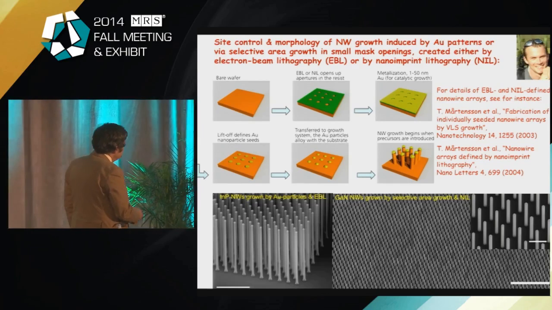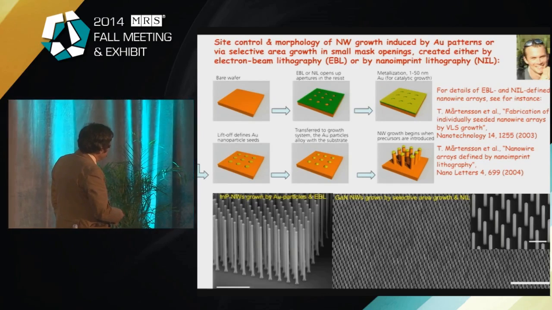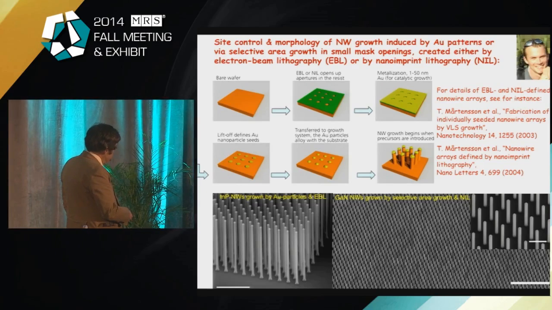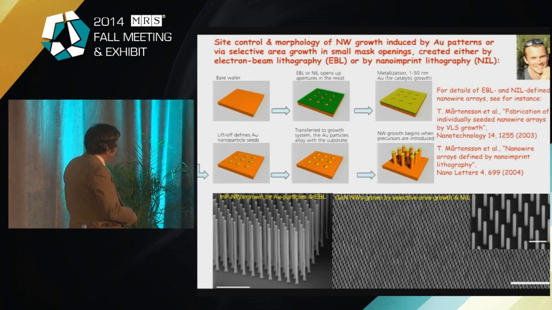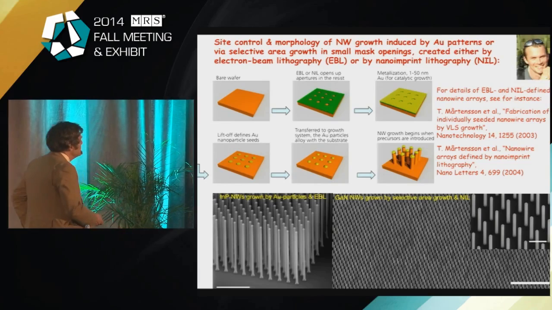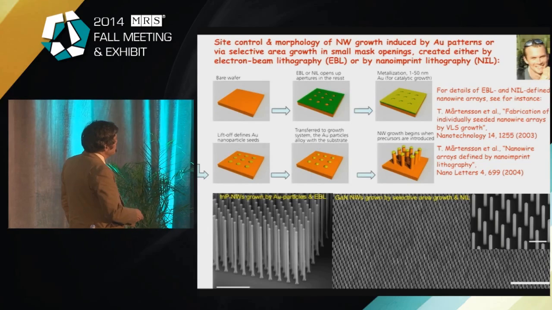So below here you see again the indium phosphide nanowires grown by the seeding of gold particles, actually patterned by electron beam lithography. And here you see gallium nitride nanowires grown again by MOCVD, but not with gold seeded, but really selective area growth, which I mention in a few minutes. And in this case, these used patterns, typical over 2-inch wafers, are then patterned by nanoimprint lithography.